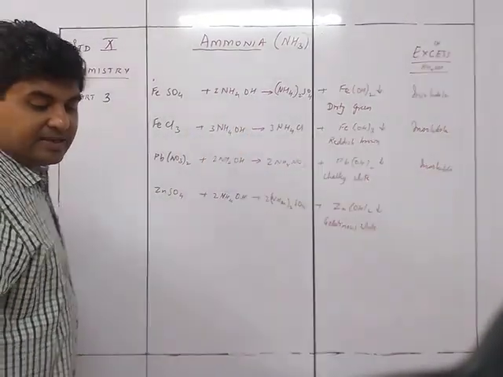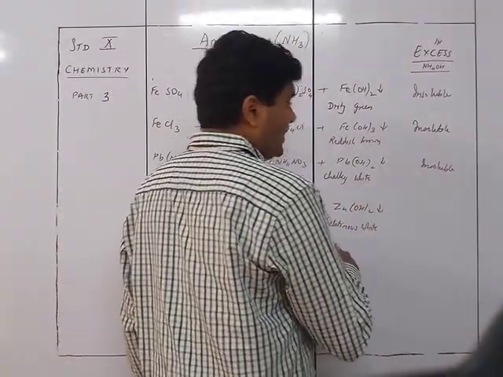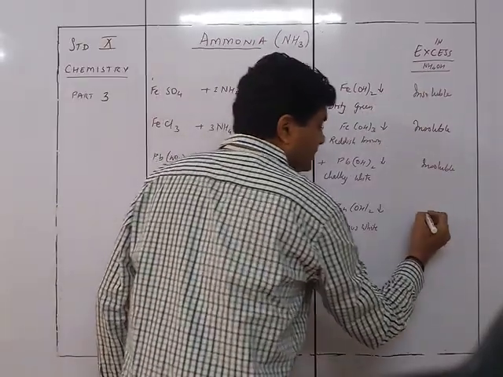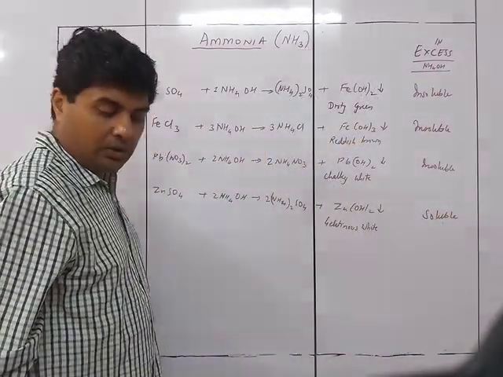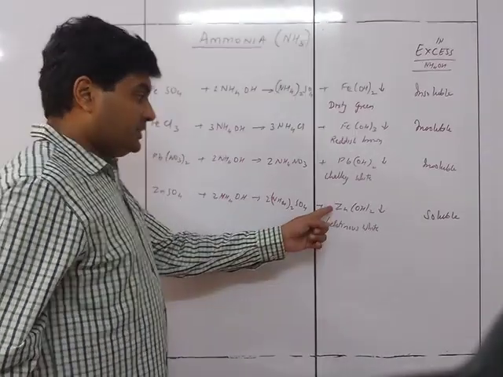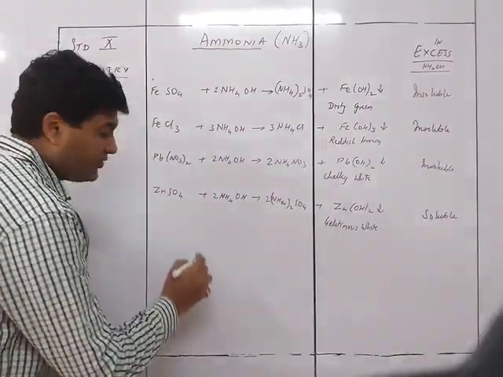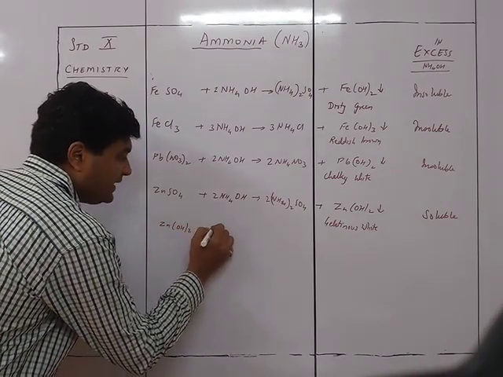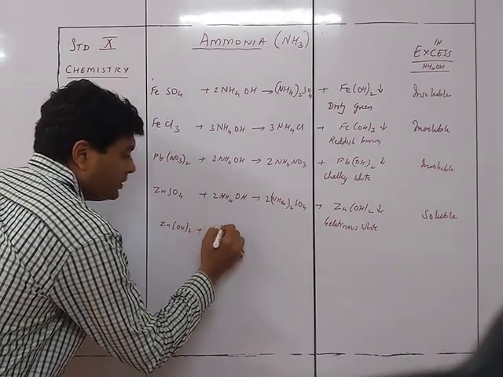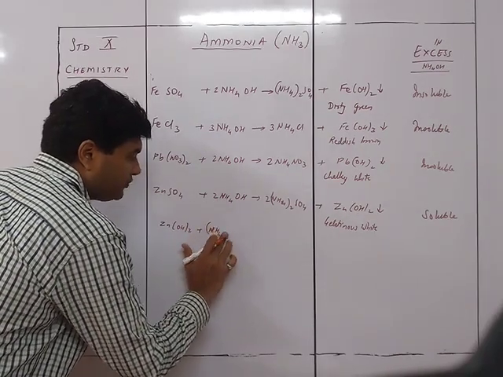But when I put some excess of NH4OH, it will be soluble. So what will happen? When I add further, Zn(OH)2 plus NH4OH.